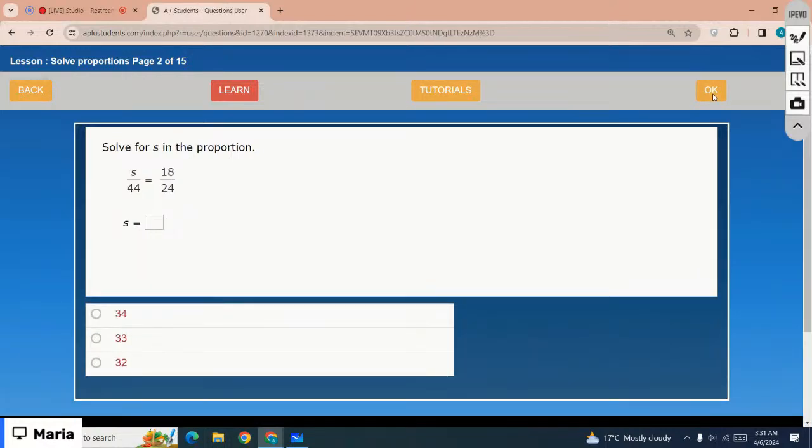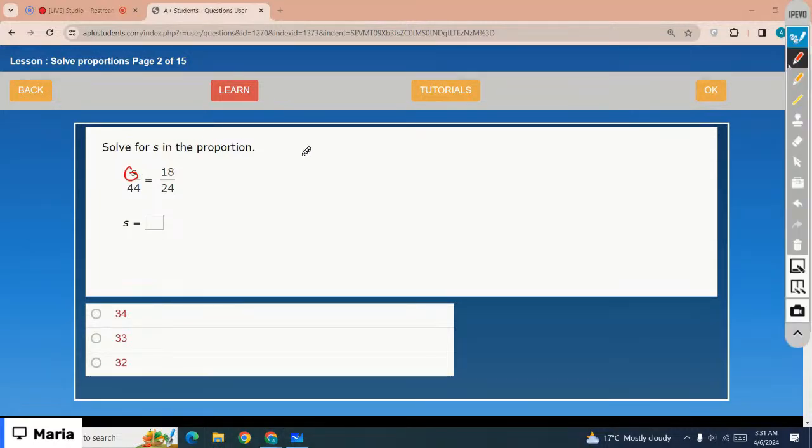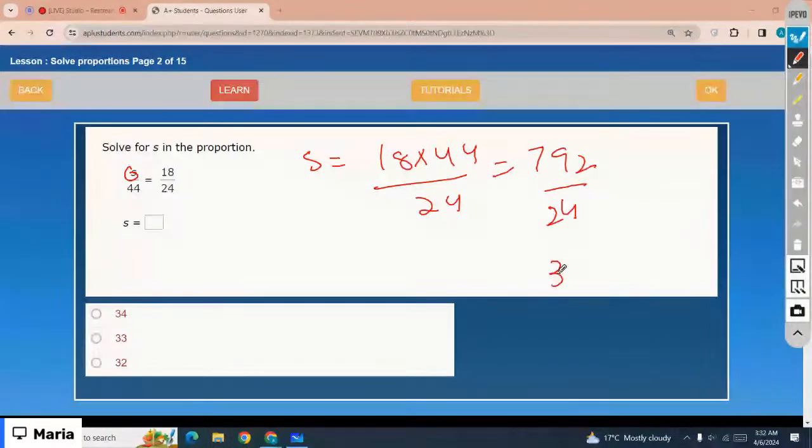Okay, solve for s in the proportion, right? You have to simply cross multiply and isolate the variable s, that is s equals 18 times 44 over 24, right? 18 times 44, that is 792, and 792 over 24 is 33, right?